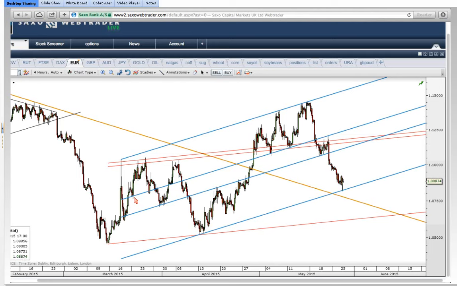So the internal lines are not really there to tell me whether it's going to break up or down. They more tell me that the major channel, if it gets there, has a better chance to hold. So that's in today's session.